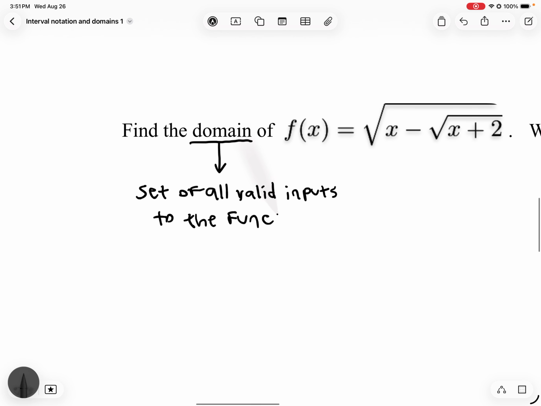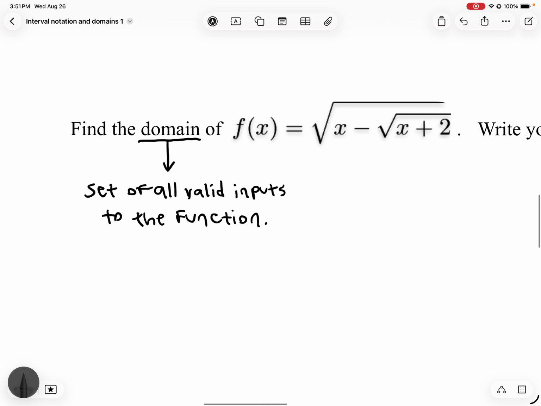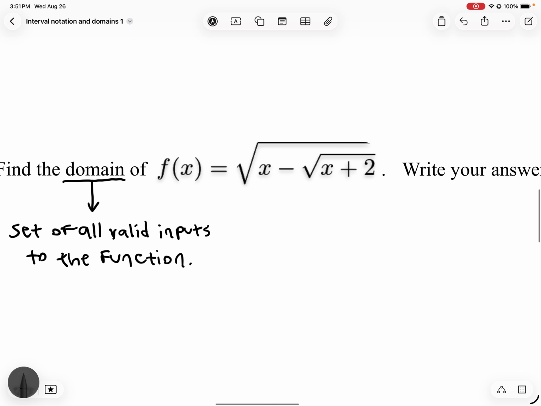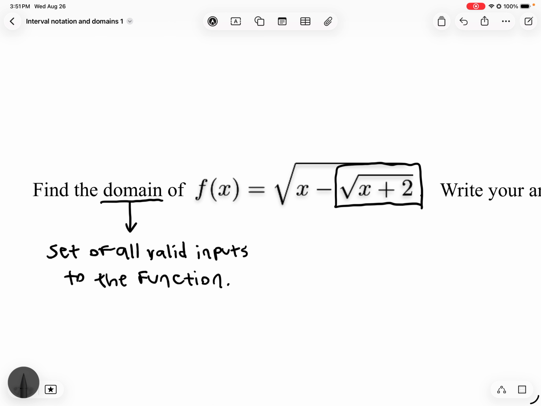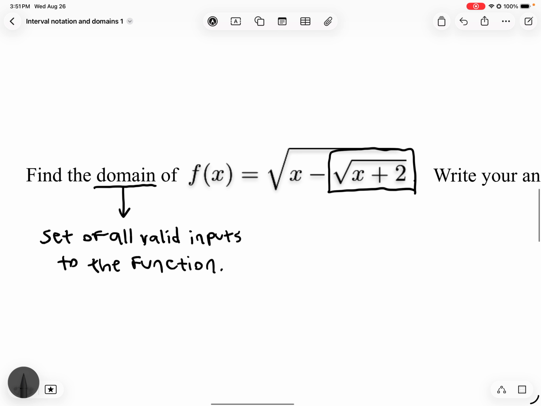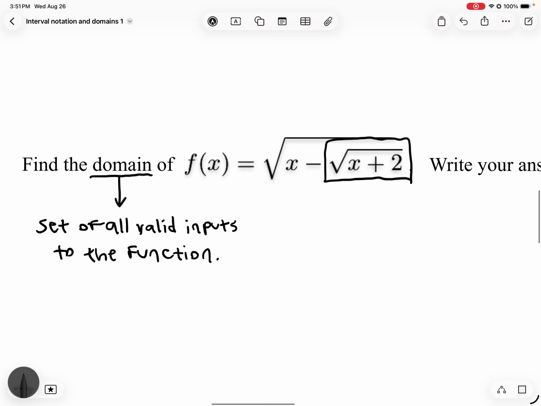Okay, so to find the domain of this function, we have to work from the inside out, dealing with this inner square root first, because that's going to tell us what the restrictions on the outer square root are going to be. So we know that we cannot have any negative square roots in here, so that tells us that x must be greater than or equal to negative 2 to satisfy the inner square root.